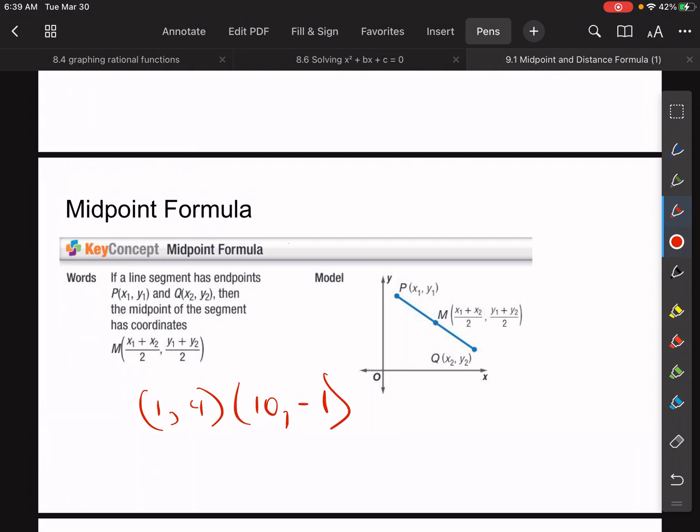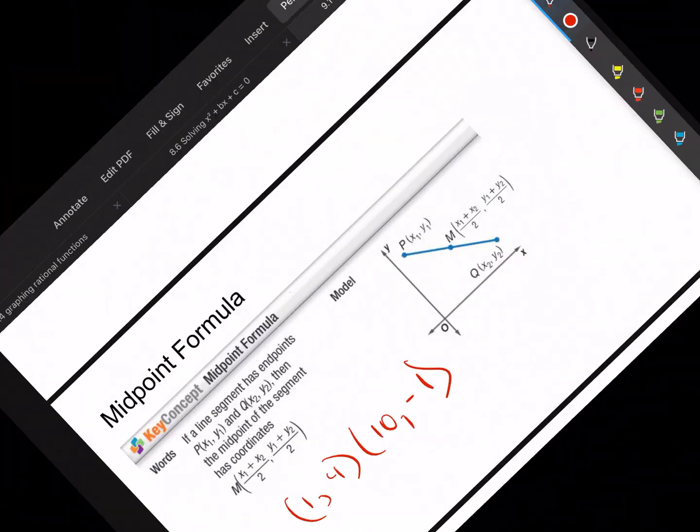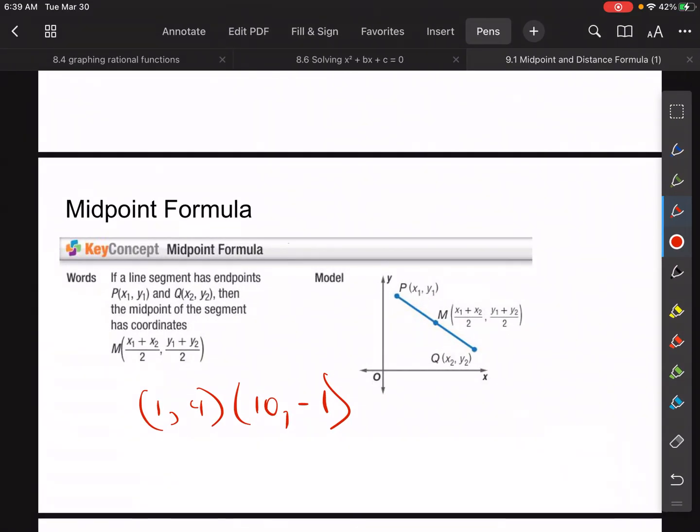To find the midpoint between those, you're going to add the two x values together. So that's the 1 and the 10. 1 plus 10 divided by 2 will be the x coordinate, and then the y value is added divided by 2. So 4 plus -1, which would just be 4 minus 1, divided by 2.